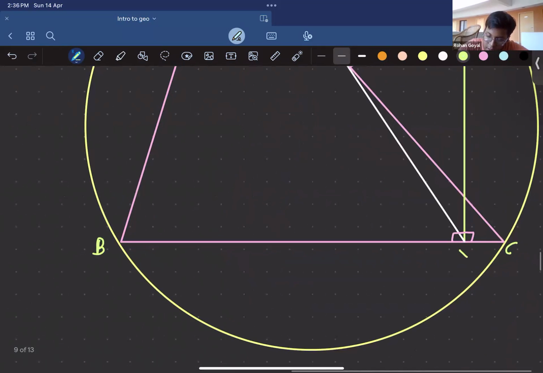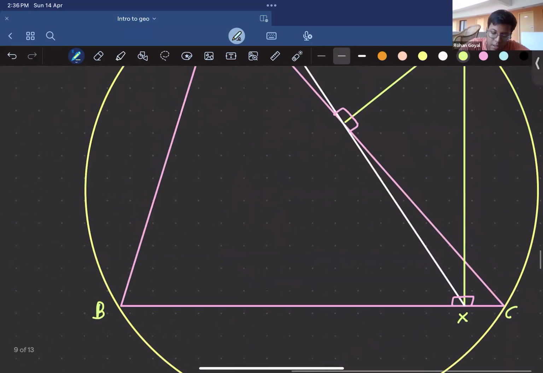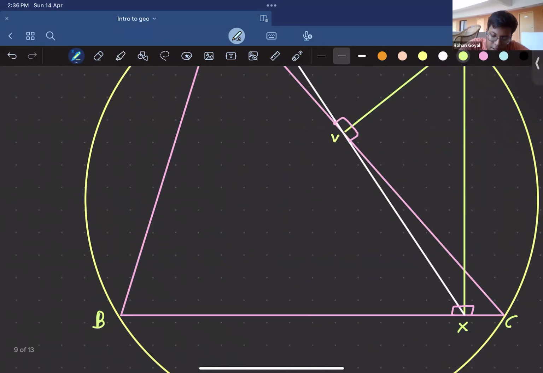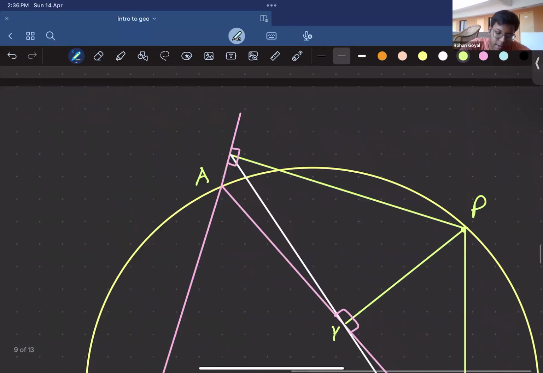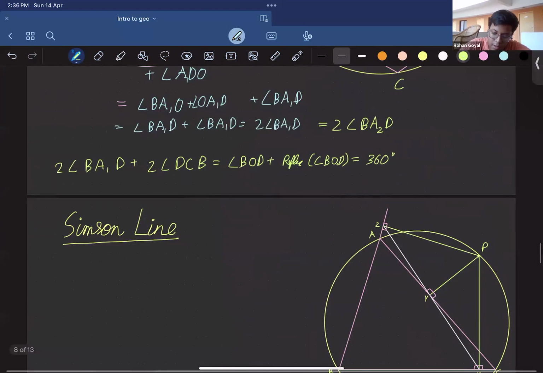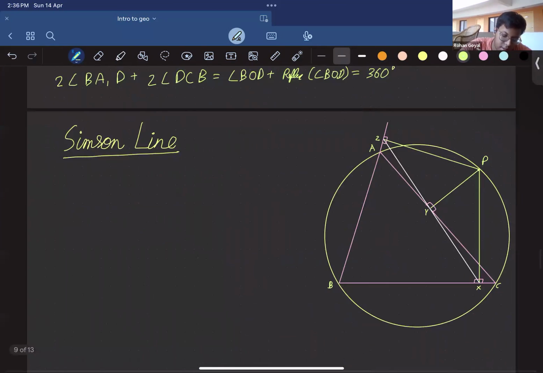I drop a perpendicular here, I call it X, I drop a perpendicular here, I call it Y, I drop a perpendicular here, I call it Z. Simpson line states that X, Y, Z lie on a line.